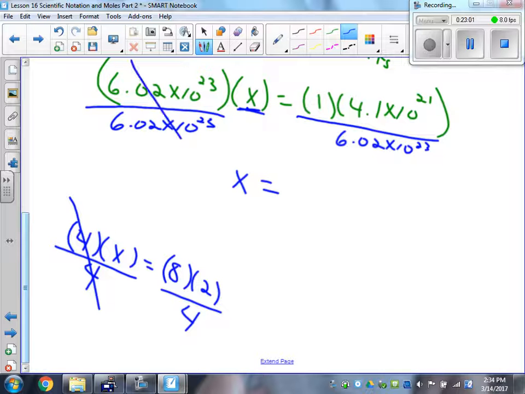And look, when I do that, that's 1x. And on that side, I have 1 times 4.1 times 10 to 21 over 6.02 times 10 to the 23. Yes? And there you go.